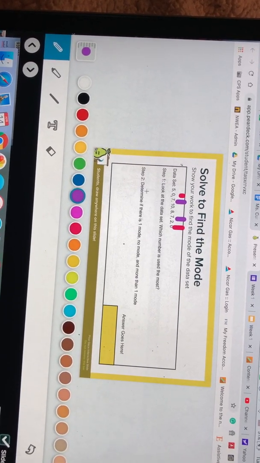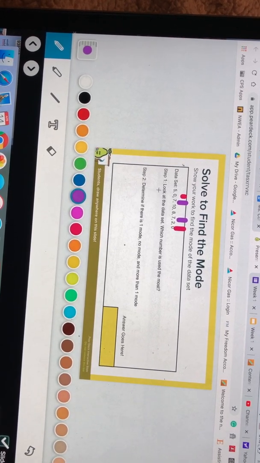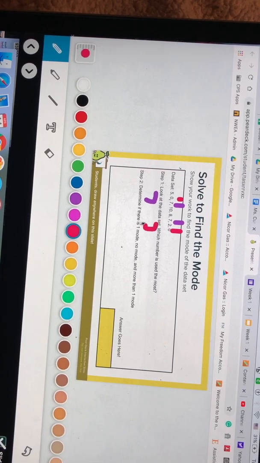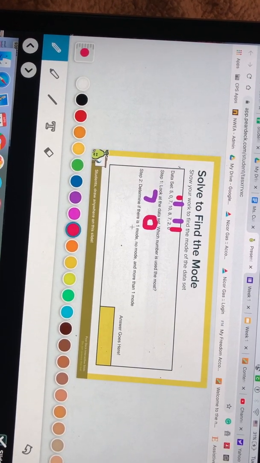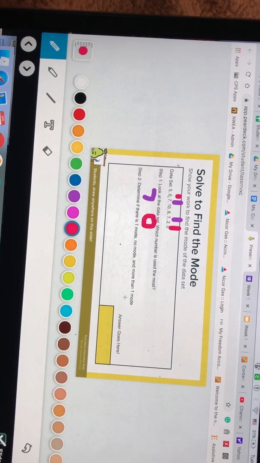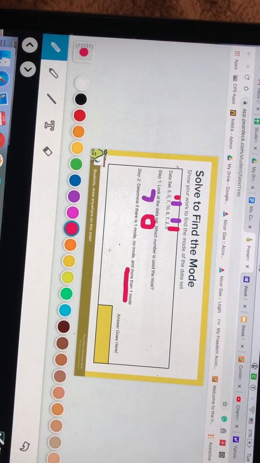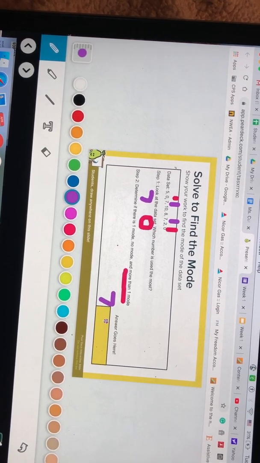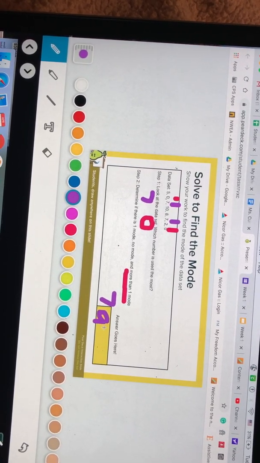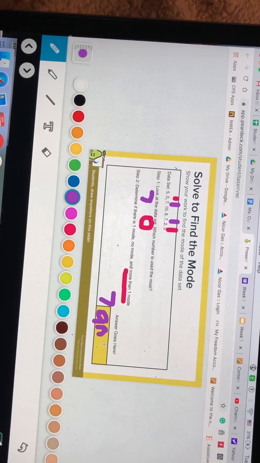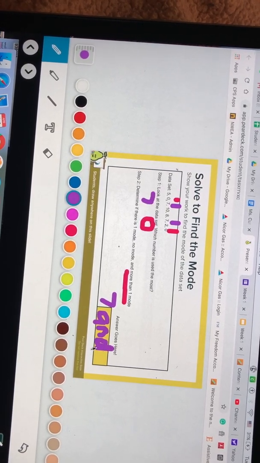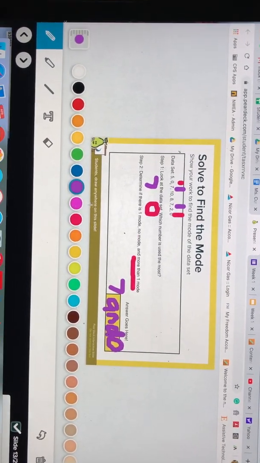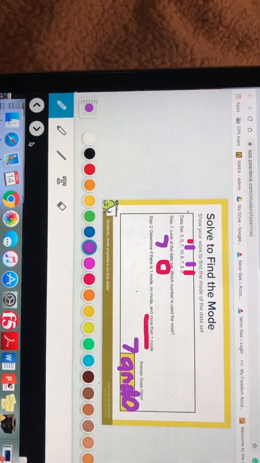So looking at the data set, which numbers are used the most? We have 7. We have 0. Okay, so we're determining if we have one mode, no mode, or more than one mode. We have more than one mode. And our mode is 7 and 0. Okay, 7 and 0 are our modes for this data set.